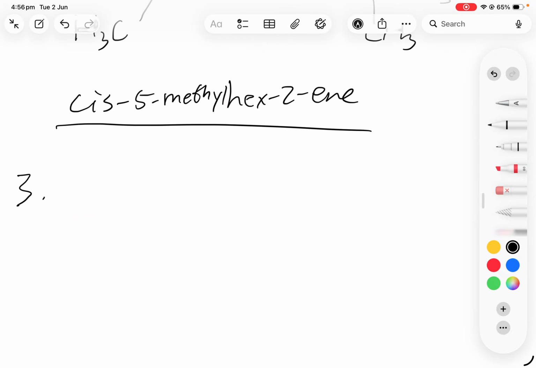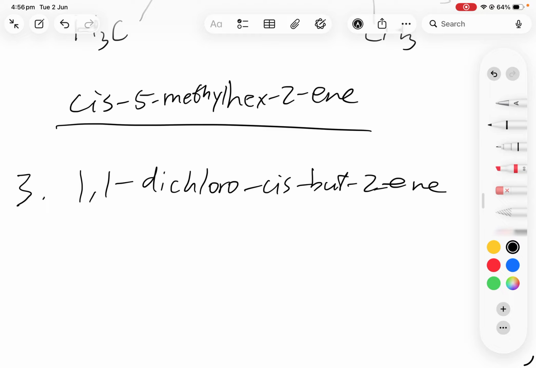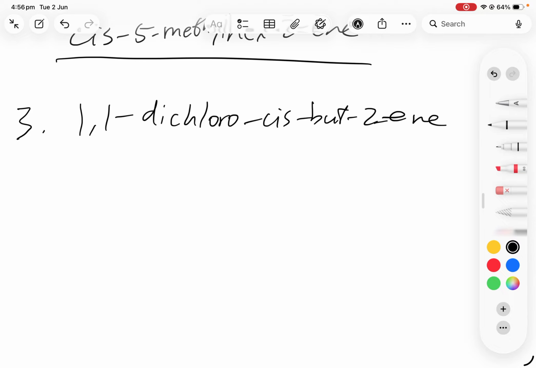Now we'll do a question on drawing it. So here's 1,1-dichloro-cis-but-2-ene. So it's but, so there's 4 carbons. They put cis in the middle, but I think the thing nowadays is you put it at the front.